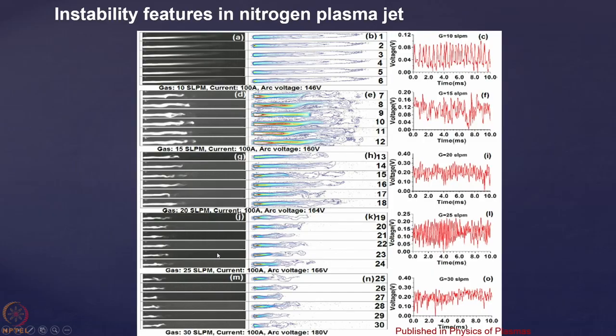And you see that the jet length is further reducing, and at 25 liters per minute you are seeing this kind of behavior. So all this exercise, whatever I am trying to say, is that electromagnetic body force is one of the most important phenomena in these devices that controls the flow, controls the temperature, as well as controls the instability itself, as you are seeing.